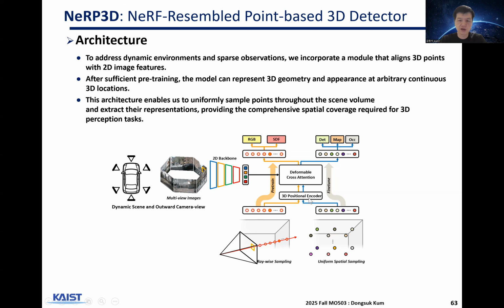So we train this attention network, and then for fine-tuning, we use the downstream task with uniform spatial sampling in the query, so that it can fine-tune for the task we want. Okay.